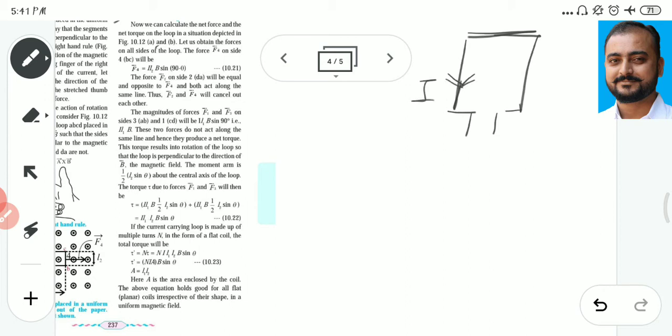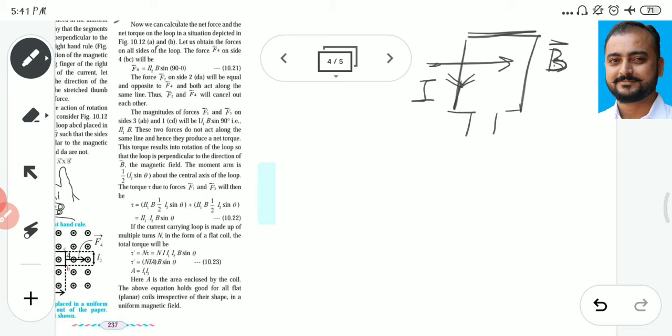This is the direction of current, towards you, on this one side, and this is the direction of the magnetic field. As this is the direction of the magnetic field, we can calculate the direction of force.